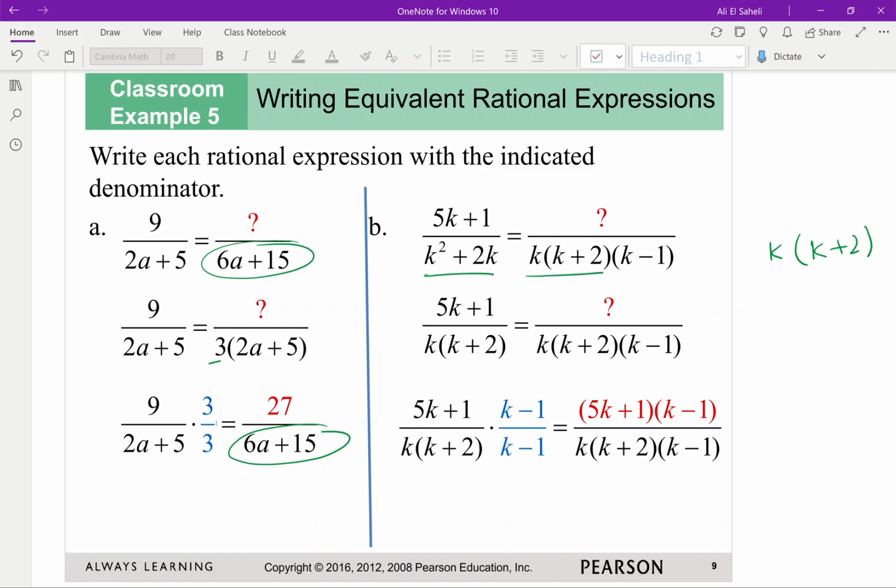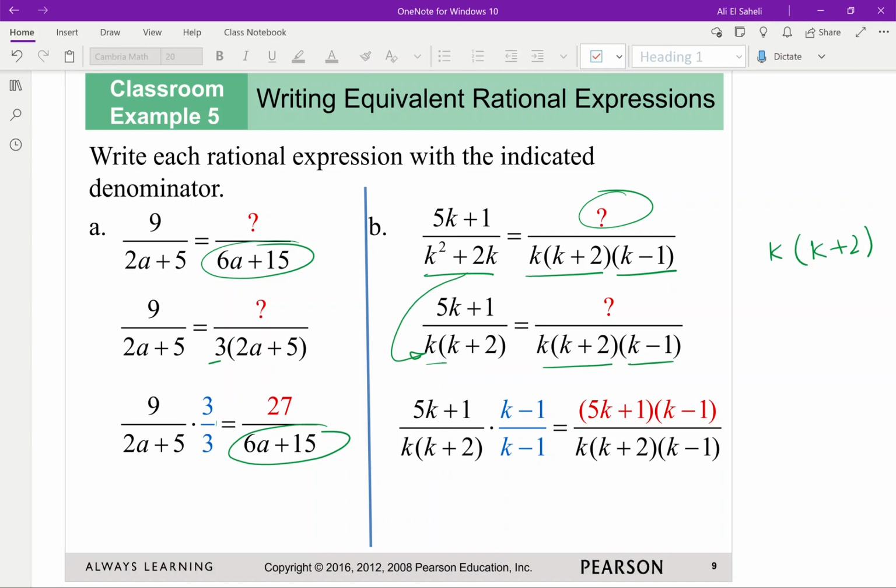All I need to do is to multiply by k minus 1. But then I have to do the same thing over here. So this factors out to this, which is the same as this. I still need k minus 1.